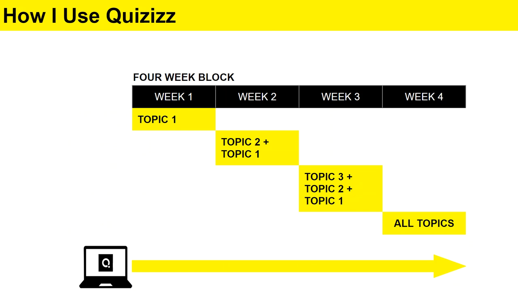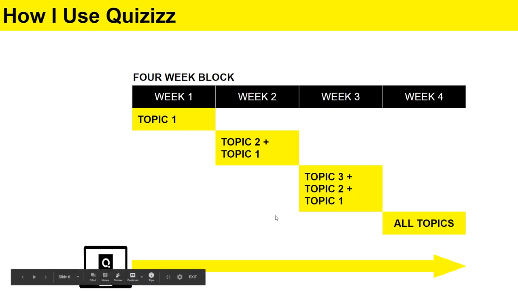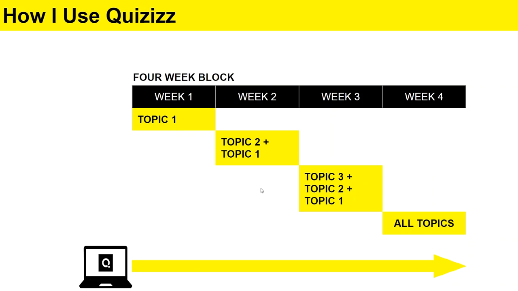Right, just very quickly then, how I tend to use Quizizz is very straightforward. If you look at a typical 4-week block of learning in a subject, and I have one lesson a week, I might set a quiz on the topic at the end of the first lesson, and then in the second lesson I might set a second Quizizz, which includes both of the topics, the one that we've learned today and the one from the previous week.